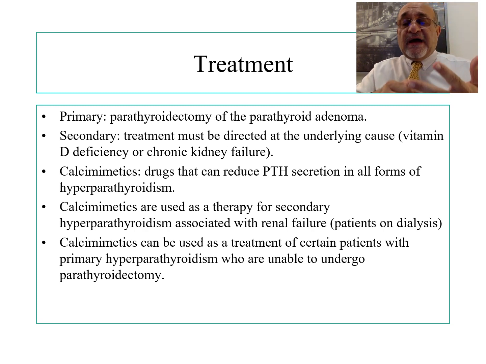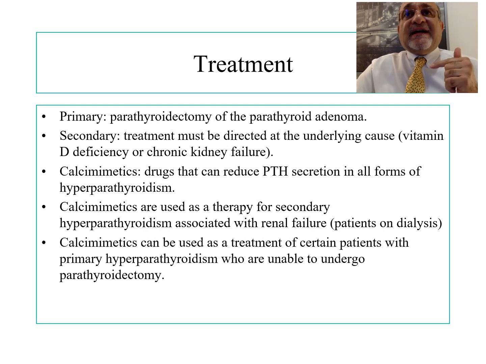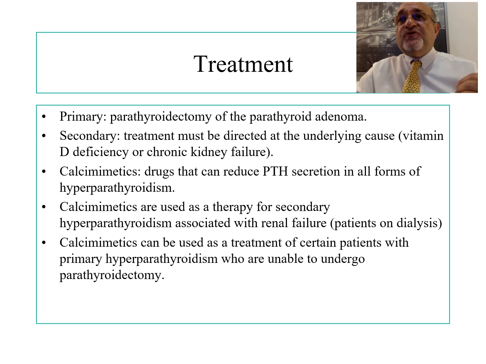Here we are going to treat the vitamin D deficiency or the chronic renal failure. At the same time, of course, we improve the dietary intake of calcium and give calcimimetics. Calcimimetics are drugs that can reduce the parathyroid hormone secretion in all forms of hyperparathyroidism.